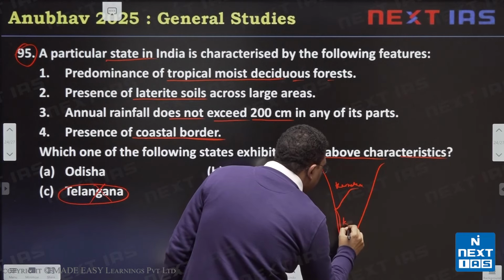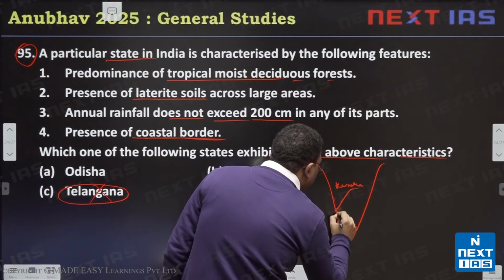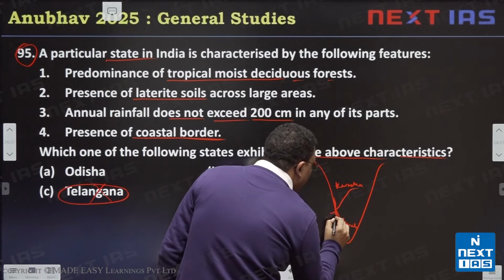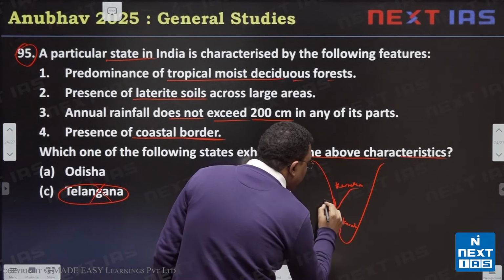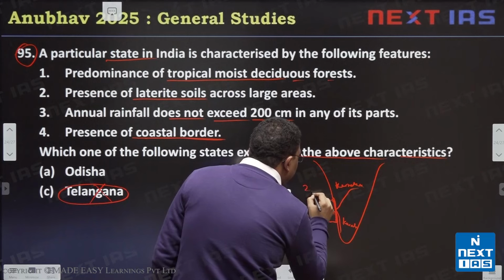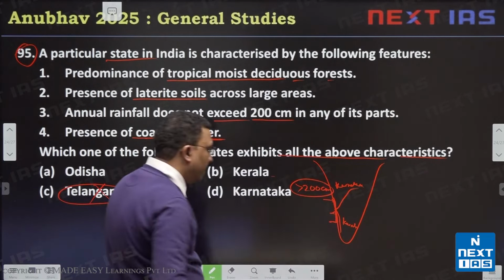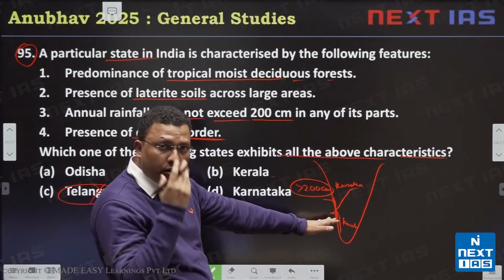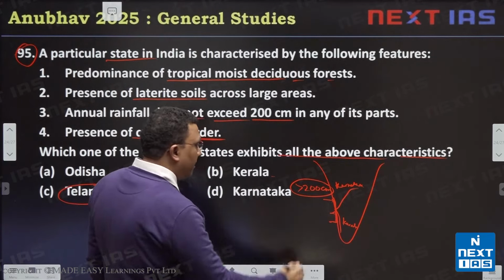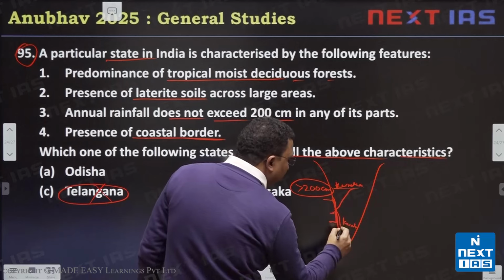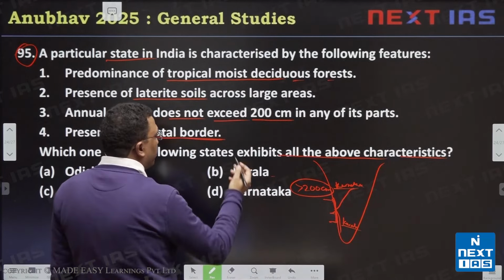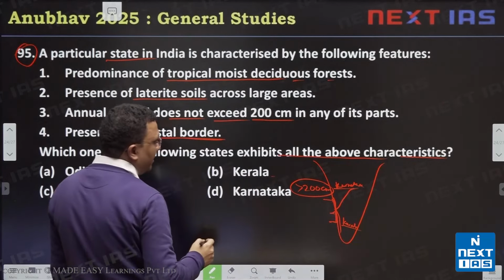and this is Kerala. And we know that on the western part of the Western Ghat, that is on this side, the rainfall exceeds 200 centimeter, right? This is the highest rainfall area in India, one of the highest rainfall areas. That means some part of Karnataka as well as Kerala will have rainfall exceeding 200 centimeter.